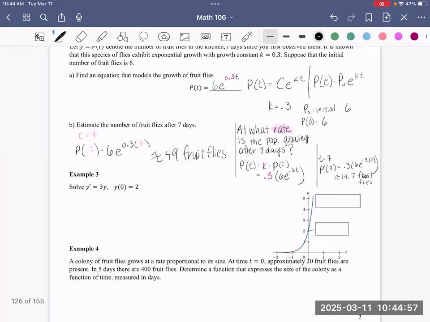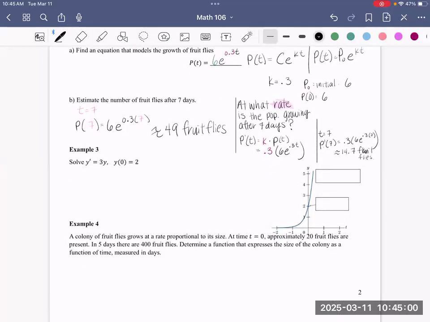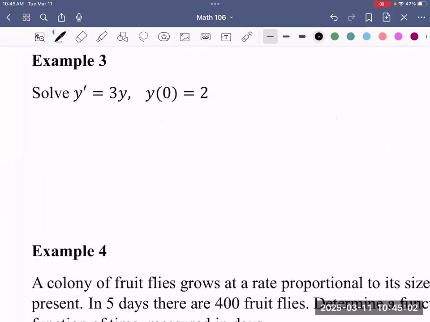Now let's have you try example 3. Now with us not giving you any sort of words or context other than the following. We know that we have the derivative of y is equal to 3 times y, and y at 0 is equal to 2. So can you come up with y? Well, this is really just saying the derivative of P is k times P of t. So that means that 3 must be k.